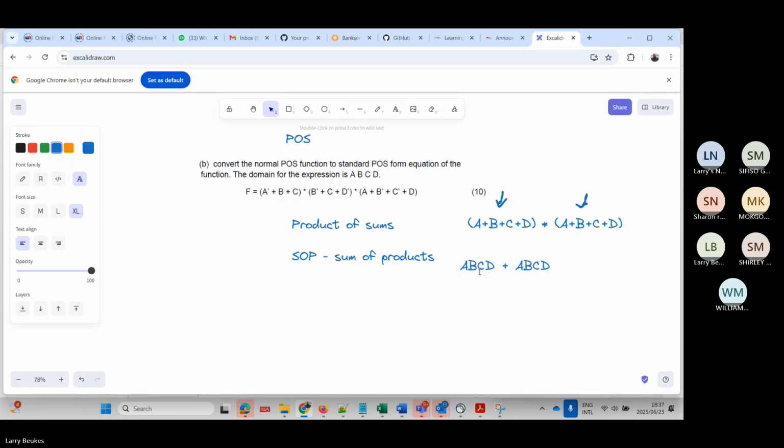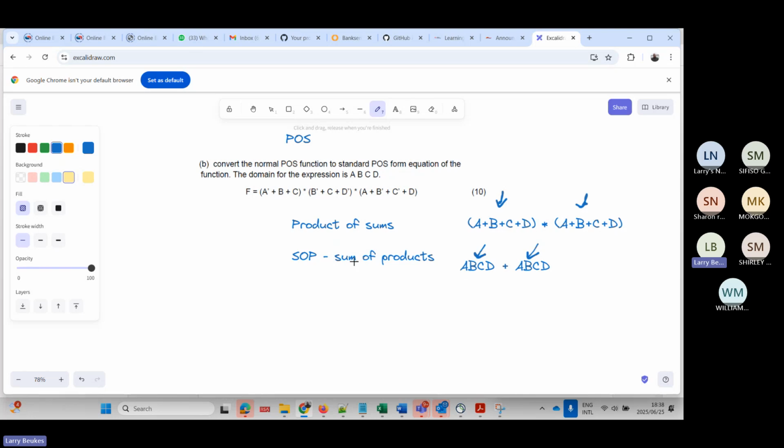So A multiplied by B multiplied by C multiplied by D makes a product, because a product is the result of multiplication. So now we are getting the sum of those products. This is the first product, for example, and this is the second product, so the result of that is sum of products.